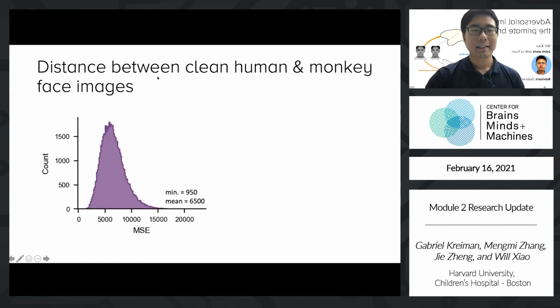For reference, here's the distribution of the MSE distance between 250 each of clean human and monkey faces. The average of this distribution is about 6,500, and the minimum in all these pairs is about 950. And it might seem not too far from 800, which is the max level that we are using. But remember that adversarial attack has to work on the basis of individual images.